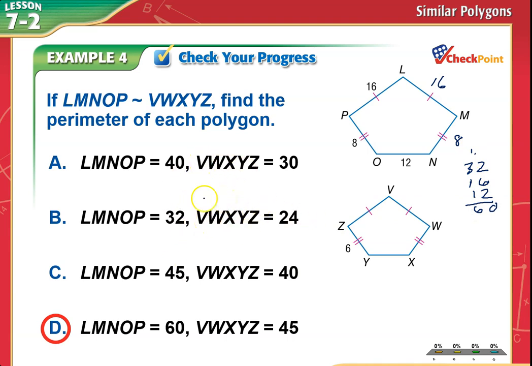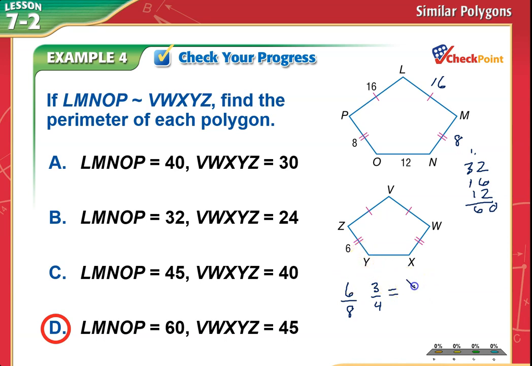But the question is then how do we get 45 as the other one? Well, the reason why we can go the other way is we know that we have a scale factor of 6 is to 8. 6 is to 8 can be reduced down to 3 out of 4. And the 3 came from the 6, right?